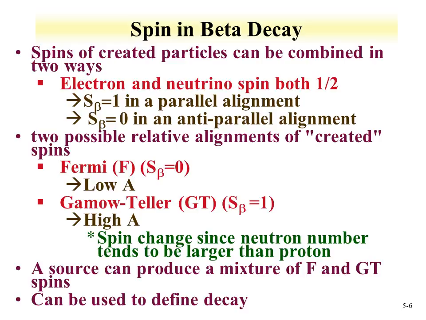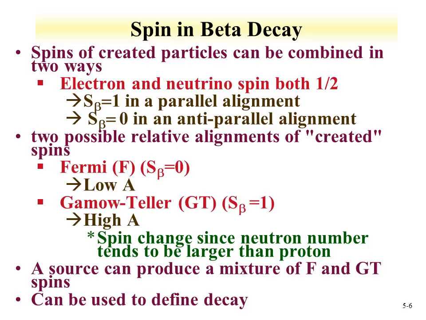And the reason you see this change at higher A: if we examine low A isotopes, the number of protons is approximately equal to the number of neutrons. So if I swap a neutron to a proton state or a proton to a neutron state in the shell model, which we'll describe later, the occupied states are going to be about the same. The overall spin change will be 0.